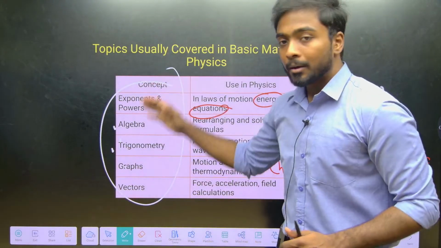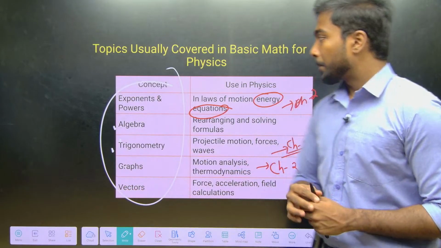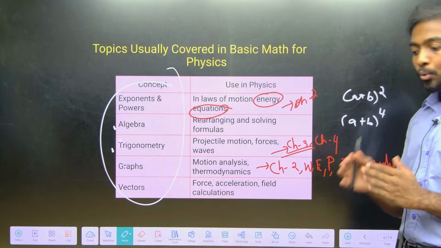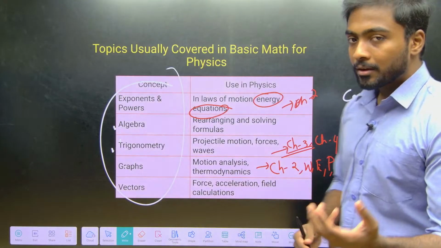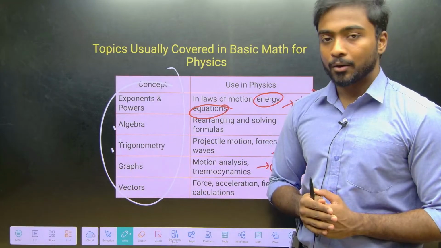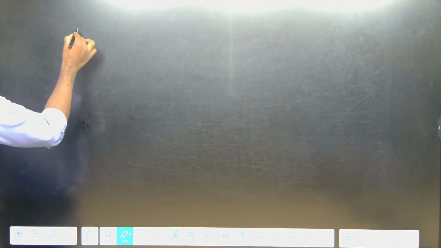In the bridge courses, I will give short notes on the units and dimensions of the chapters we have studied till now. Let me take the basic chapters.